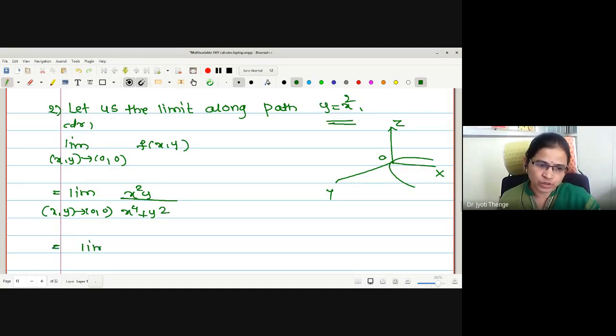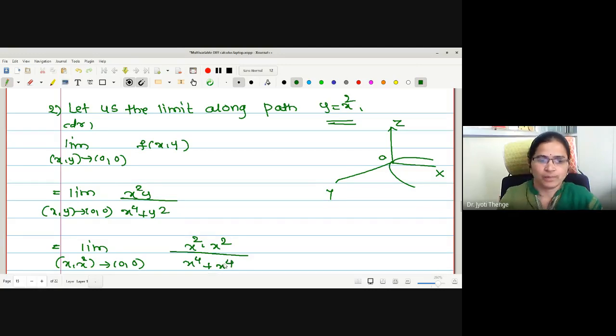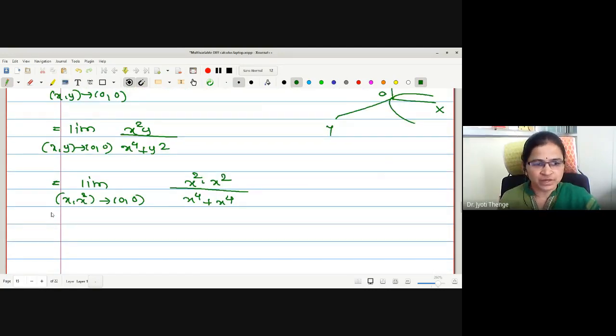Therefore here I put y equal to x square and let us observe the limiting value. Numerator is x raised to 4, denominator is x raised to 4 plus x raised to 4. If I cancel this, what do we remain with? x raised to 4 upon 2x raised to 4. Is it half only?